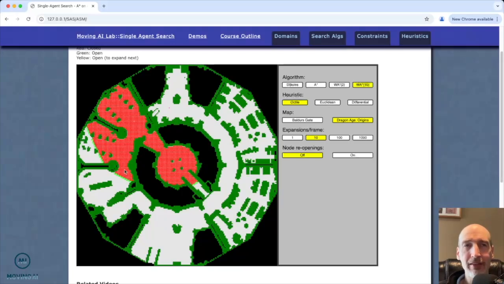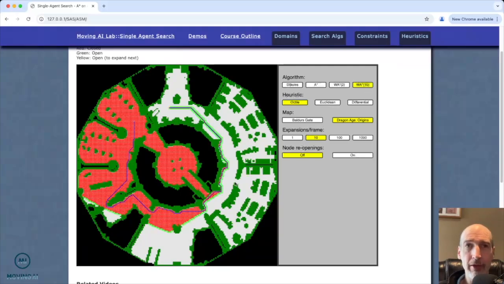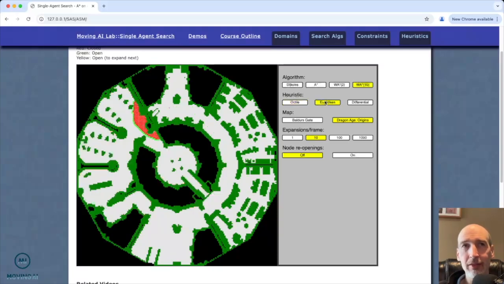And it's almost like there's a portion of an octagon that's being created here as we go out. And so we see that very clearly with the behavior of weighted A star with a weight of 10, right? We see this very clearly as we go around here. And when I use Euclidean distance, I actually don't see that behavior. What I see is much more of a circle.